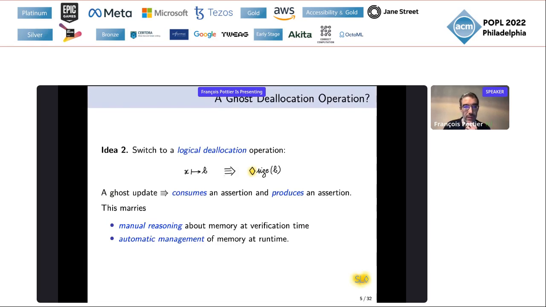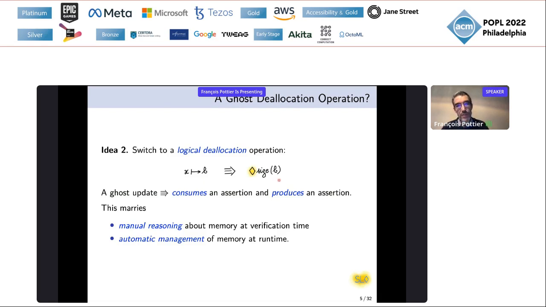So this symbol in the middle is an update. It's the update symbol in Iris, and it means we have a ghost operation: at any time, if we own the memory block B, so if we have the assertion X points to B, then we can apply this ghost operation, and in return we get size of B space credits.